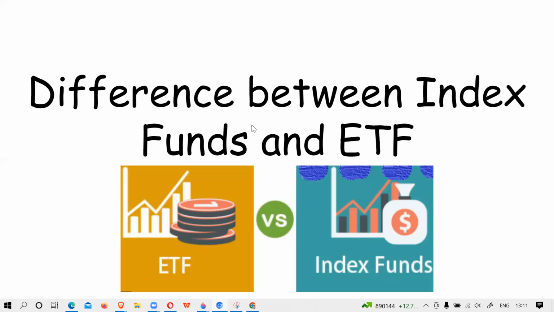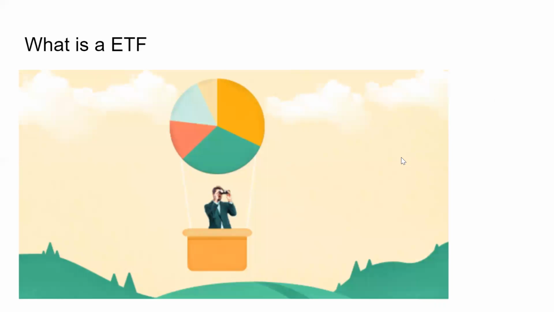So we're going to learn today what an ETF is. An ETF is a combination of many stocks. It generally follows an index, and the index can be provided by an index provider like NSE, BSE, Nasdaq, or S&P. Examples of ETFs in the US are SPDR, SPY, Spider, and QQQ, which is a Nasdaq ETF.